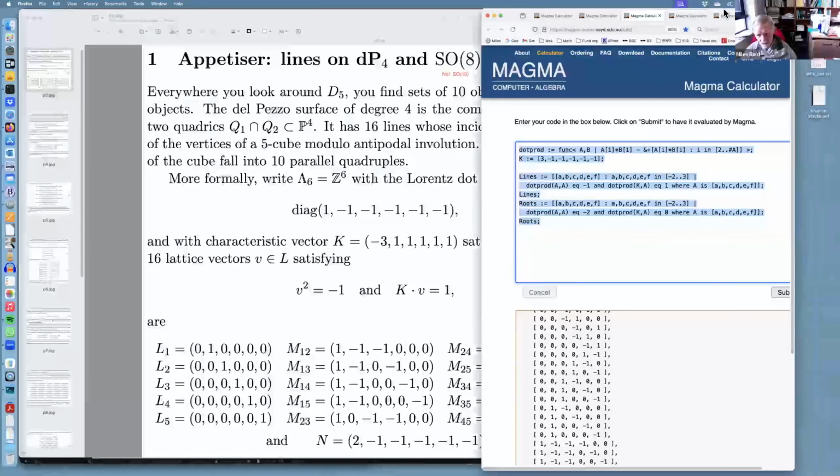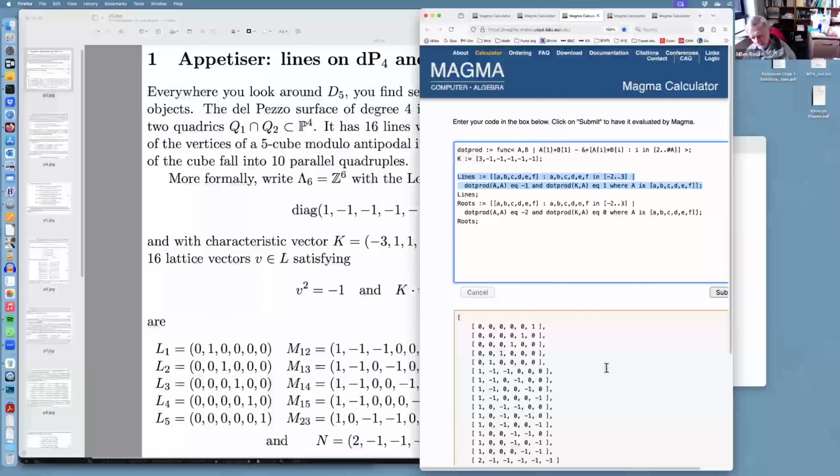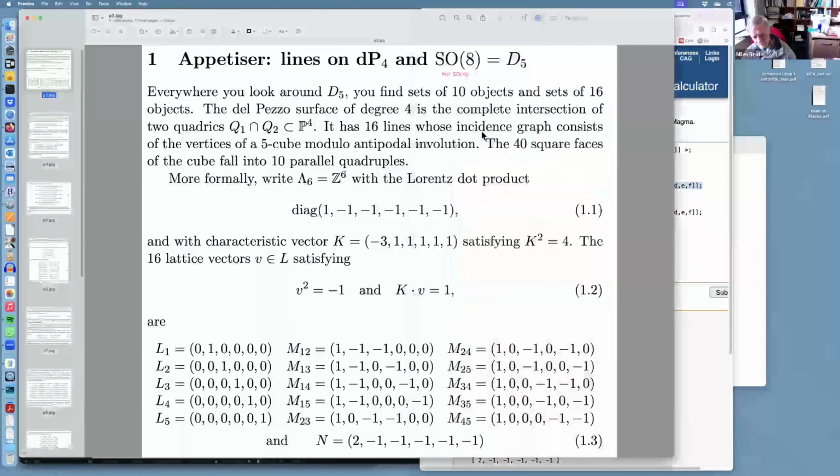You can easily do this: define a function which is a dot product, say what the characteristic vector is, and then just ask for the set of all 6-tuples with the property that the dot product of v with v is -1 and with k equals 1. So you get what I said. Of course, you can do this by hand in a minute or two.